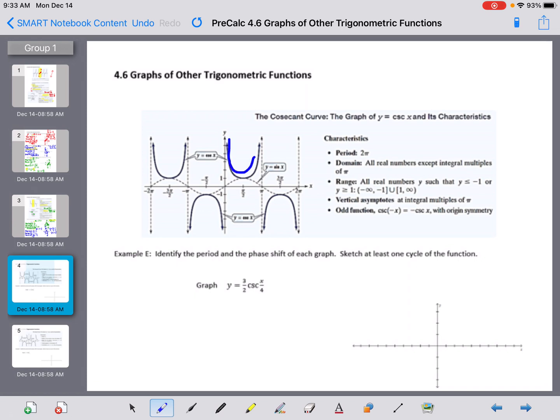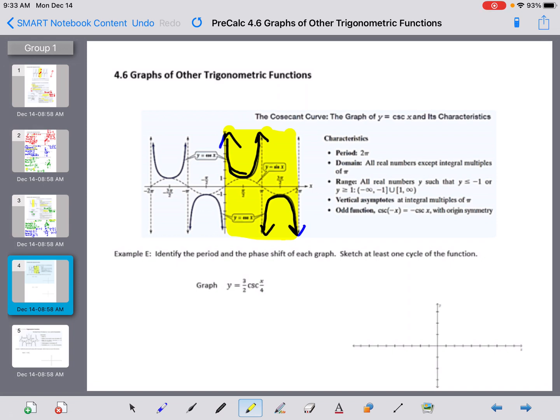This curve right here, and this curve right here, and all of this right here, this is one period or one cycle of the graph, okay? And the graph, technically, if somebody said, what does my cosecant curve look like, would be those two U's, the upside down one and the one that's right side up. That's the graph. Everything else in the graph are my asymptotes or my guidelines, okay?